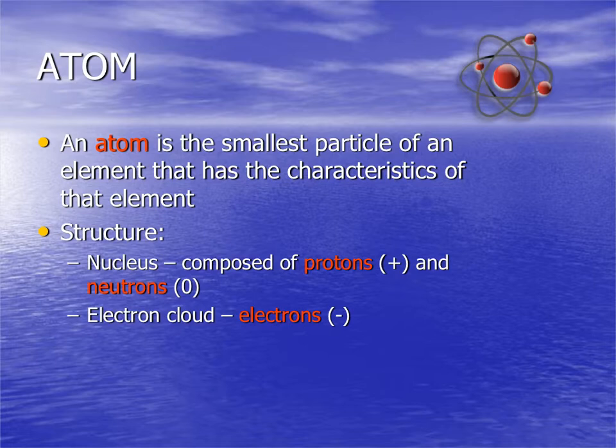So an atom is made up of different components. The nucleus of an atom is made up of both positive and neutral charges. So you have a positive charge for a proton and a neutral charge for a neutron. And that's what's in the nucleus.